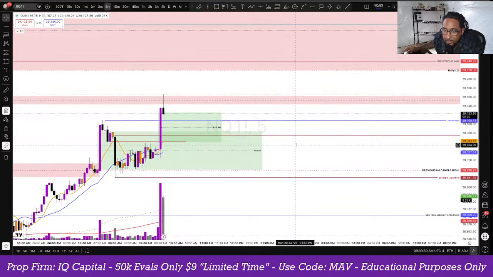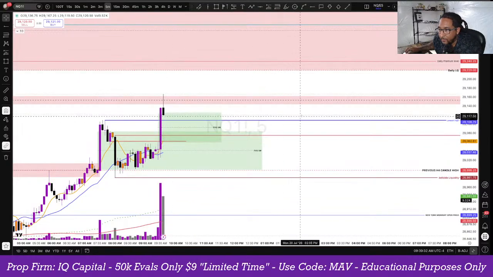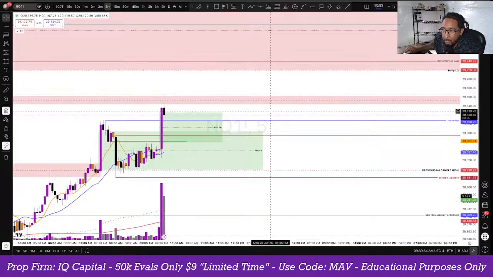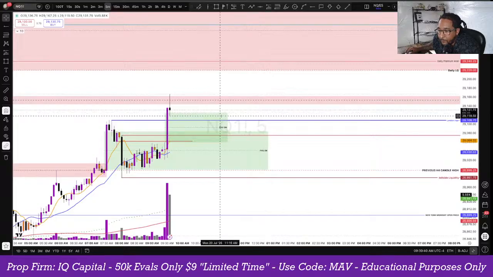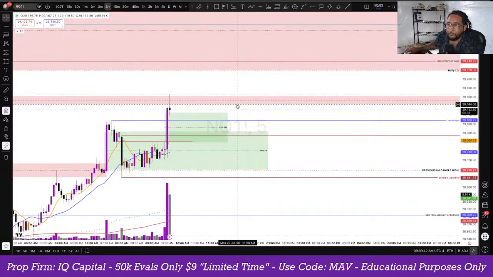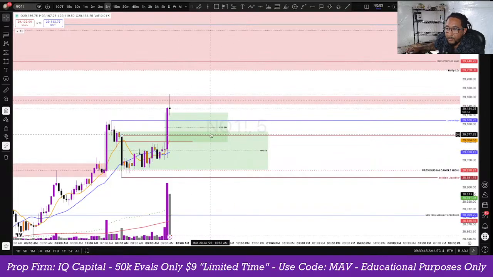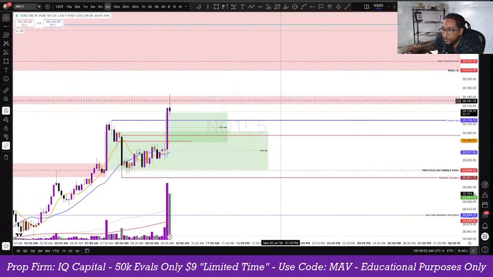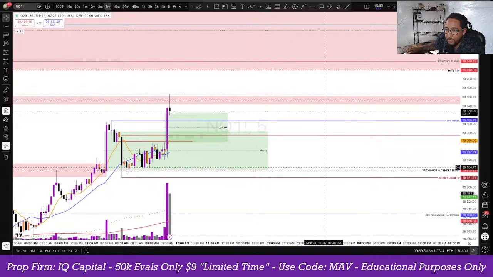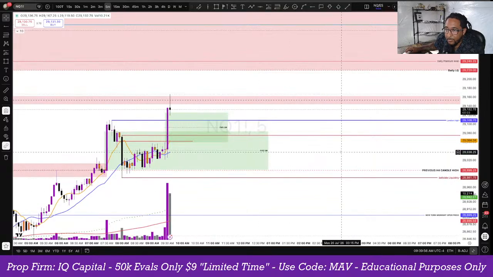Got about 30 seconds left. We got a nice rejection off of that 1 hour inefficiency there. So we'll see. We got these fair value gaps stacked on top of each other, which may give us a good indication that we're headed towards that daily inefficiency before we see lower prices down into these 8 a.m. lows.